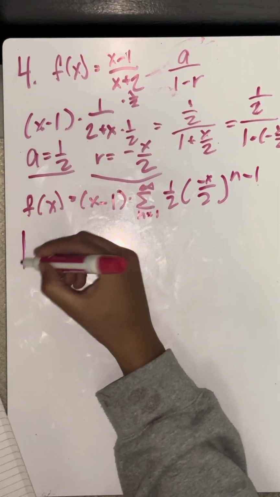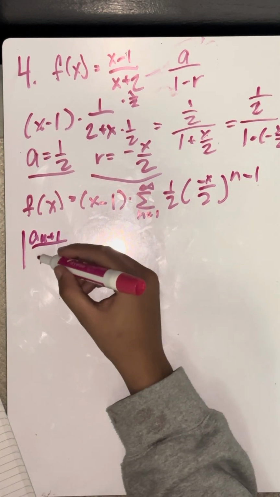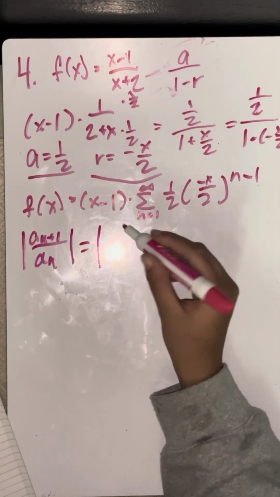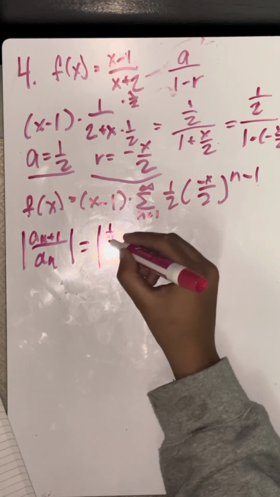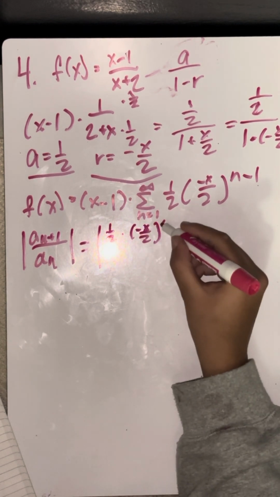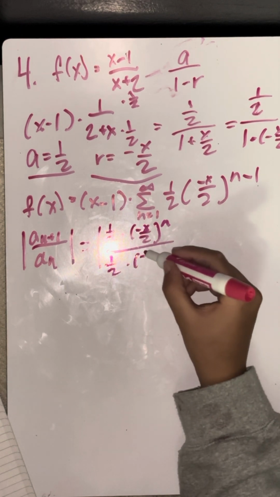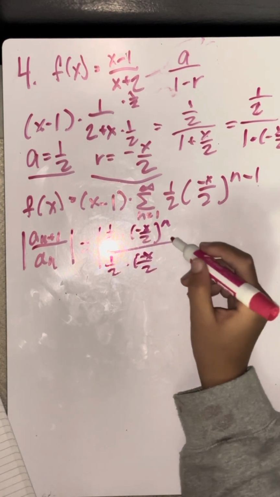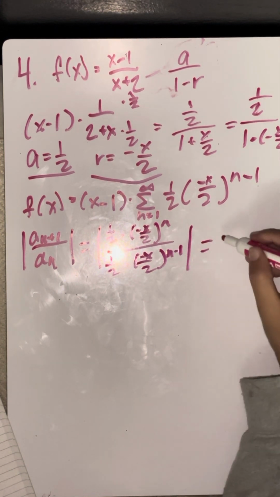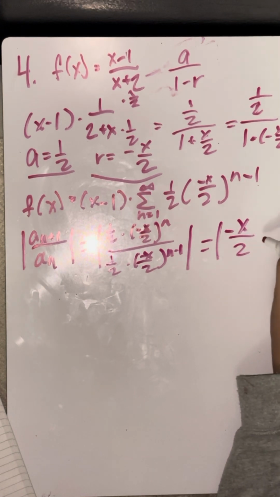So our ratio test says the absolute value of a n plus 1 over a n. And if we fill this out, we get 1/2 times negative x over 2 to the n over 1/2 times negative x over 2 to the n minus 1, which if we solve that, we get the absolute value of negative x over 2.